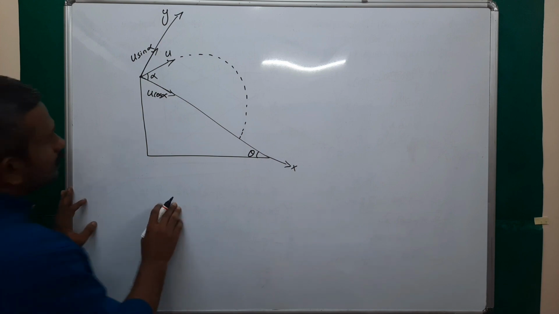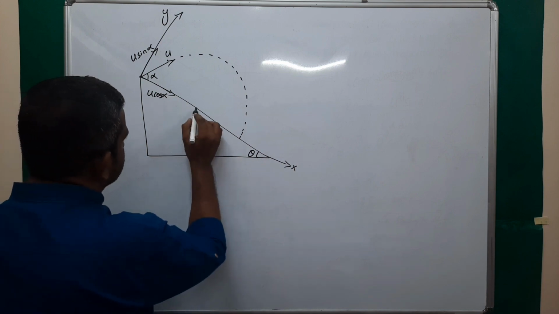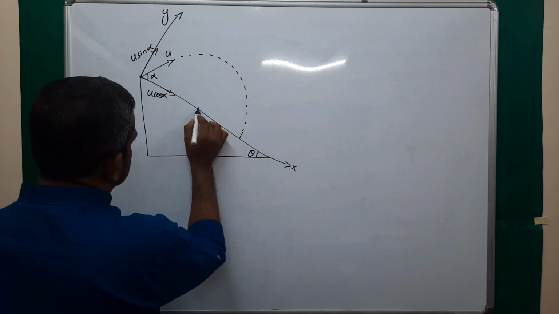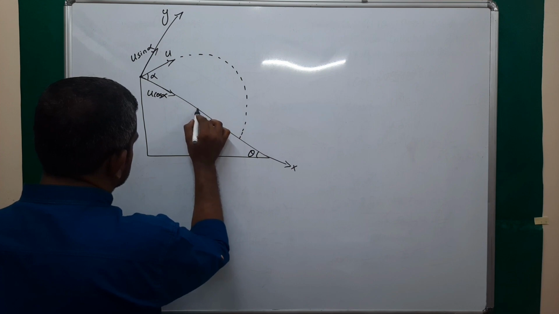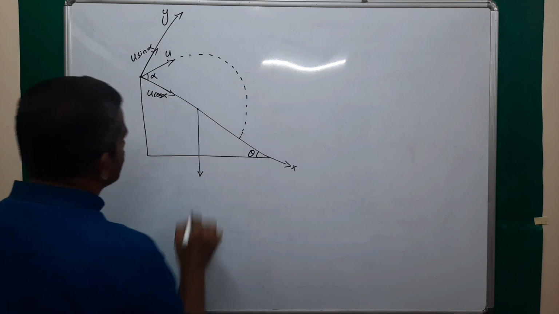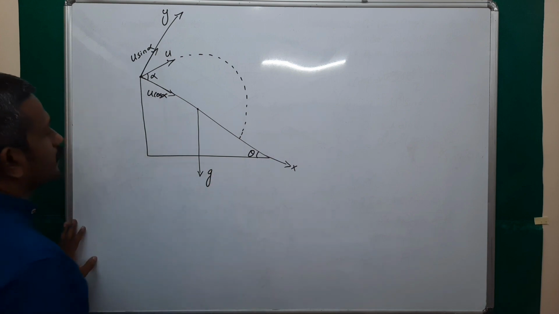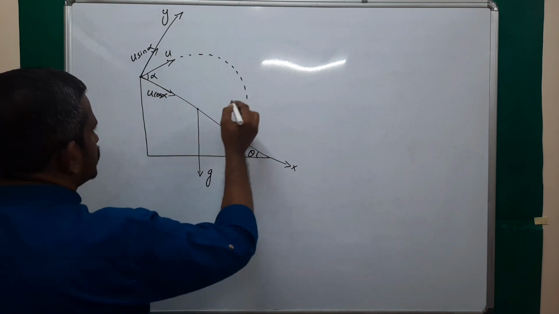Okay, g is acting in this direction. What is the negative y-axis here?